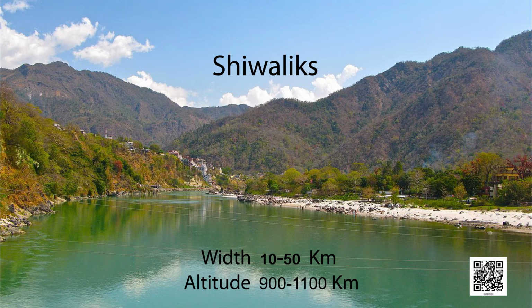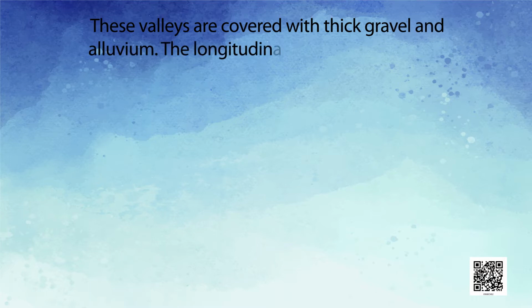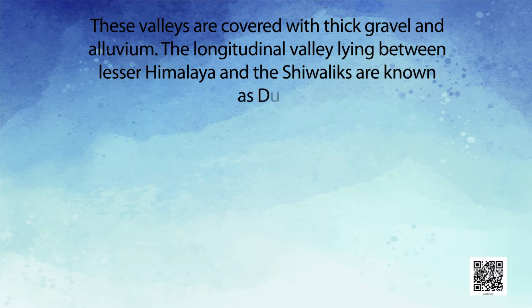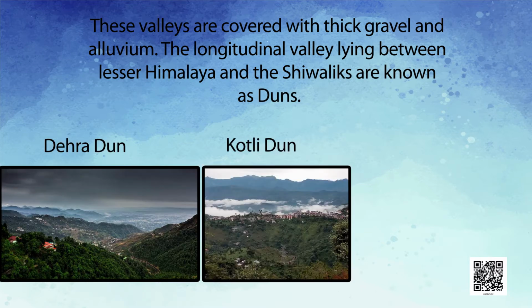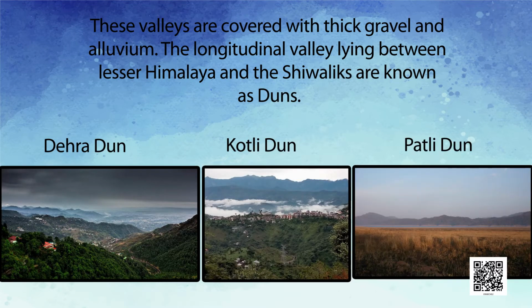These valleys are covered with thick gravel and alluvium. The longitudinal valley lying between Lesser Himalayas and Shivaliks are known as dunes. Dehradun, Kotli Dun and Patli Dun are some of the well-known dunes.